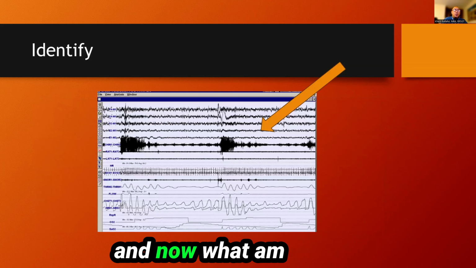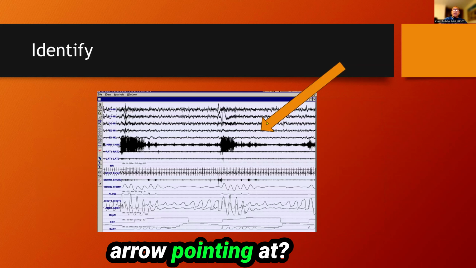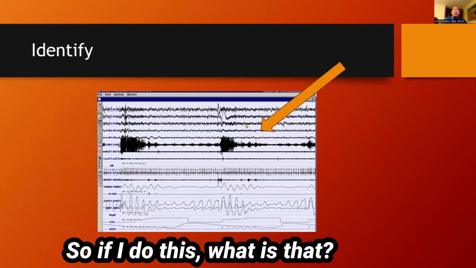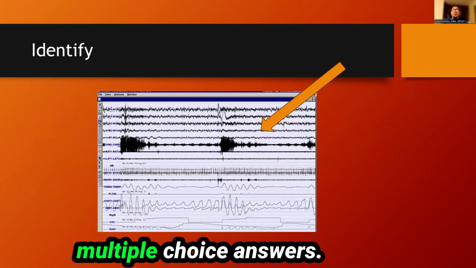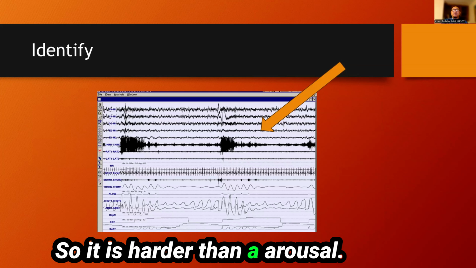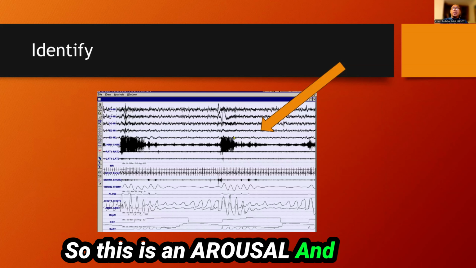And now, what am I looking at here? Where is my arrow pointing? So if I do this, what is that? I'm not giving you any multiple choice answers, so it's harder. Very good, this is an arousal.